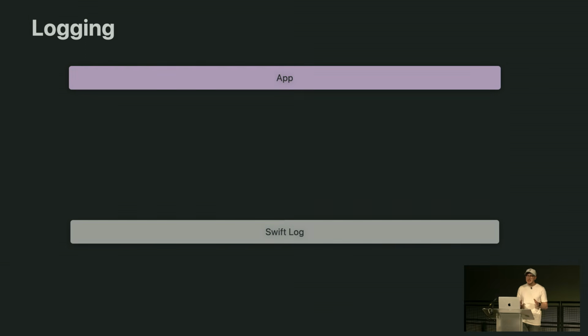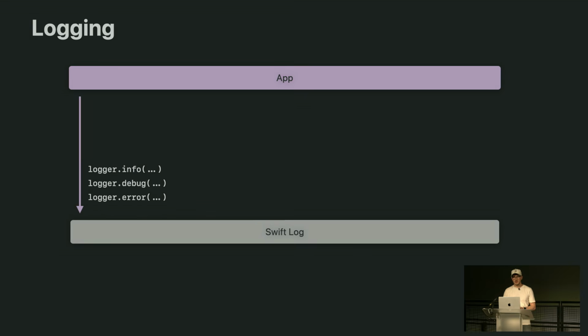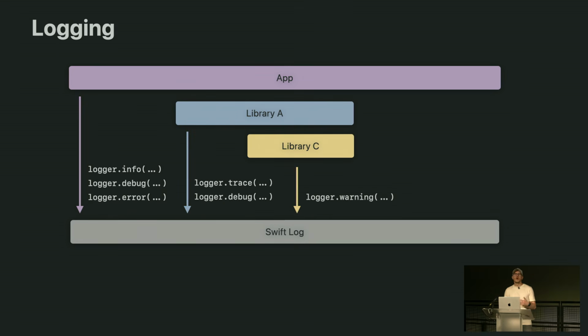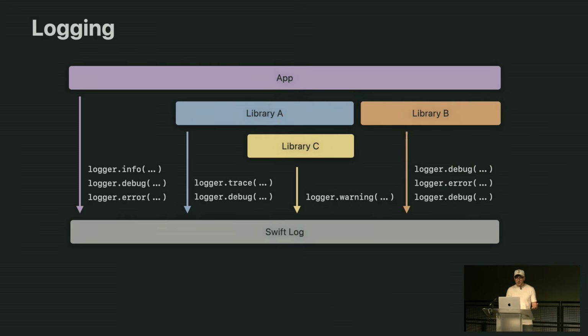To understand how these API packages work, let's consider this example app. It can depend on Swift Log, and so it can just start logging. It may depend on a library, which also uses Swift Log, and there may be other indirect or direct dependencies that all use Swift Log. But where do the log messages go? Well, that's up to you as the application developer to make a process-wide choice of where logs should end up.